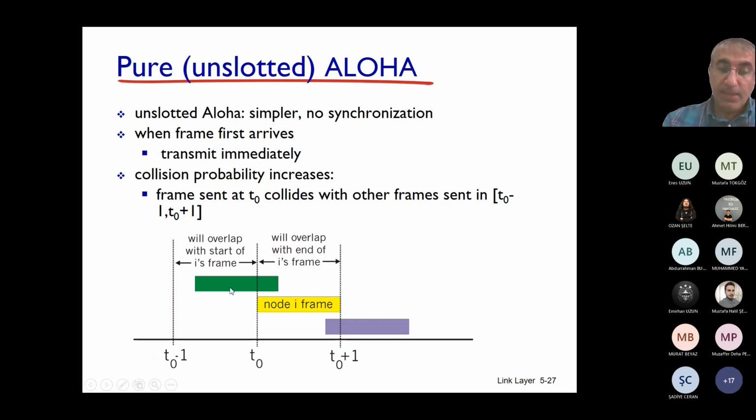Because this red one is the previous frame, and this purple one is the next one, and then you transmit in the middle. So there's a probability that you can overlap with the previous as well as the next one. That's why in this protocol, the collision probability is higher than in the previous one.